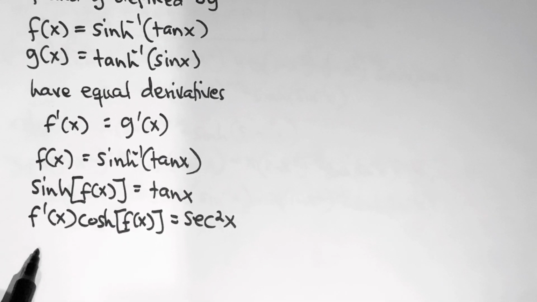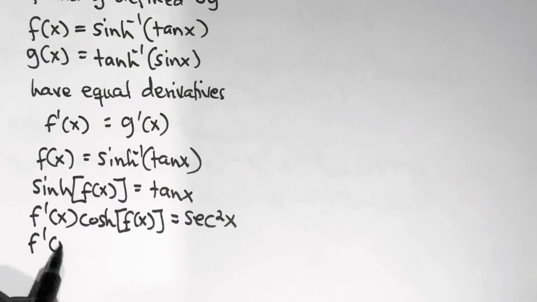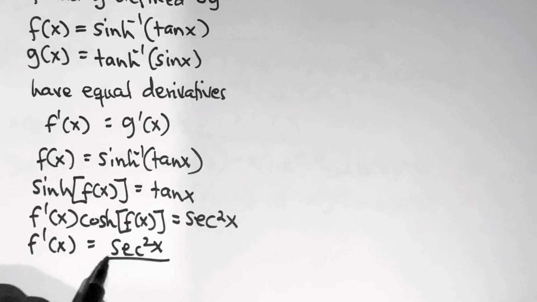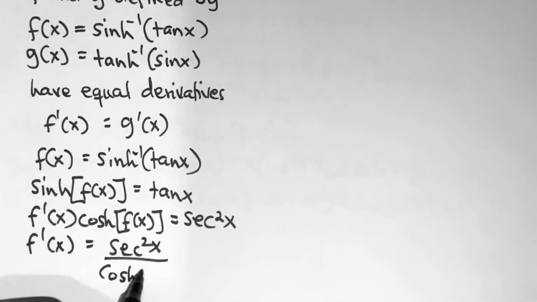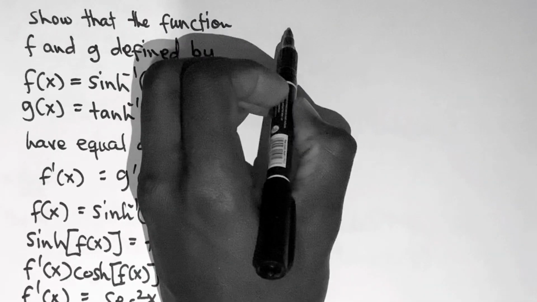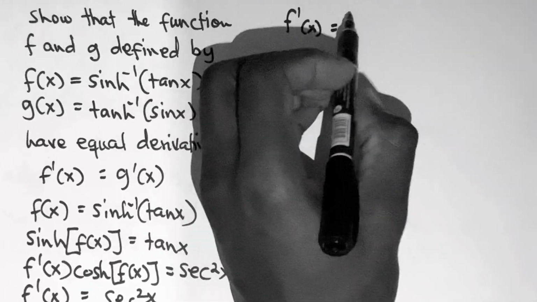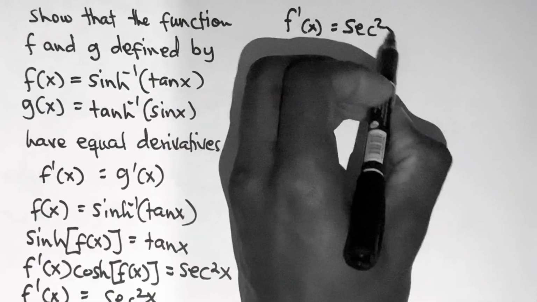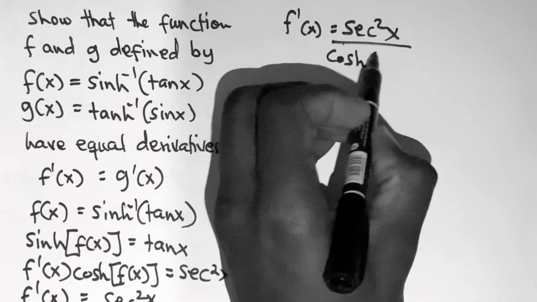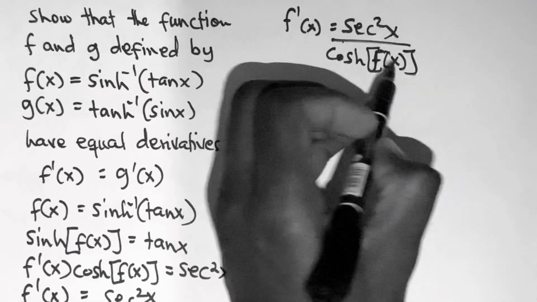So now this implies that f prime of x is equal to sec squared x divided by hyperbolic cos of f of x.